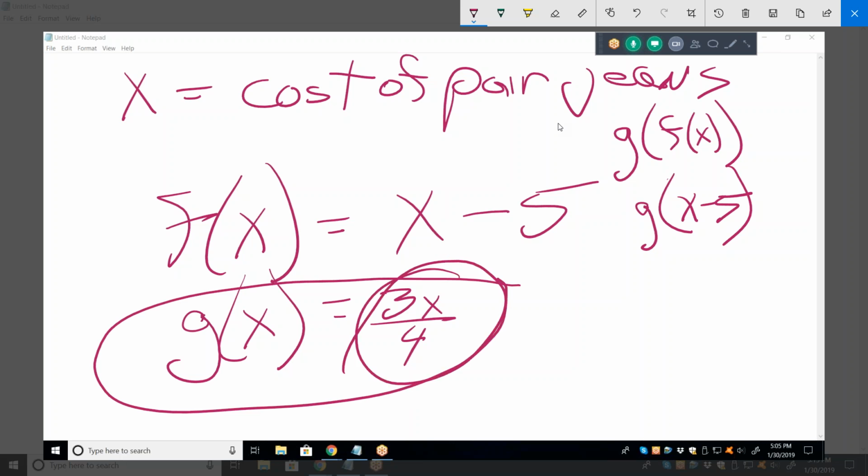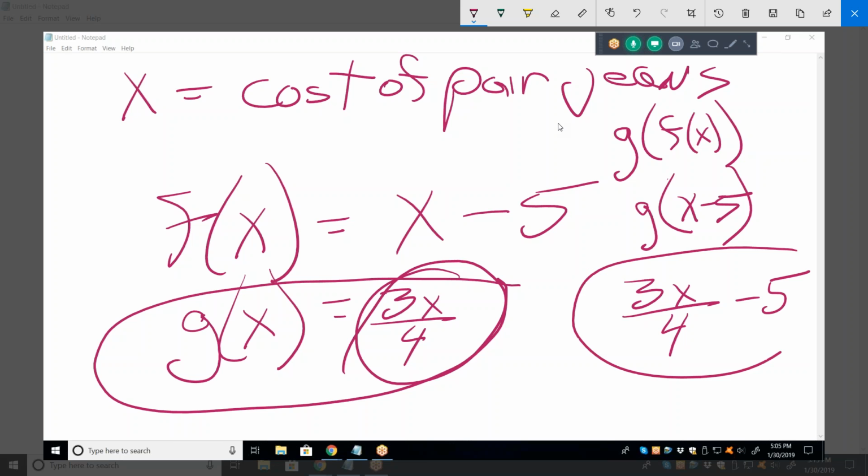In other words, I've got to use the g function, I can't use the f function. First thing I'm going to do is plug in 3/4 x for x. Now I'm going to subtract 5 for it. There's your answer.